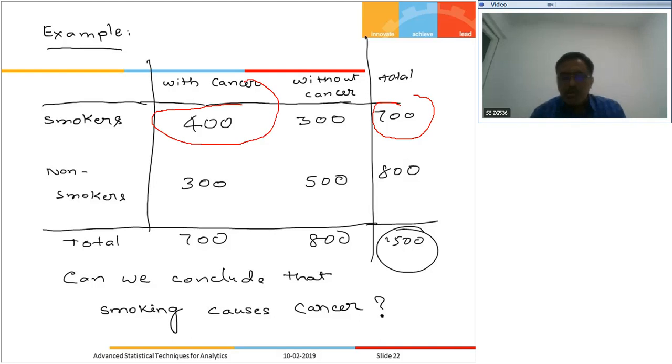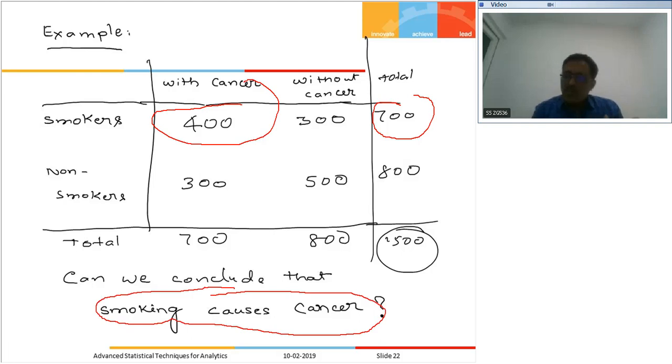Based on all these proportions, we want to estimate or validate whether smoking causes cancer or not. So it is 700 out of 1500, 400 out of 700, like this. This is also proportion, but it comes under several proportions. So these are the scenarios we are mostly going to deal with.